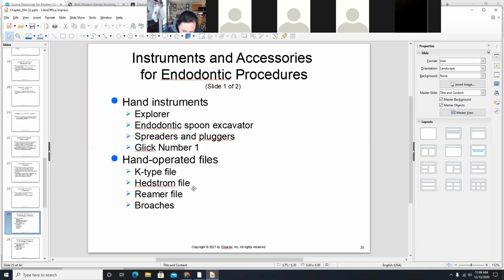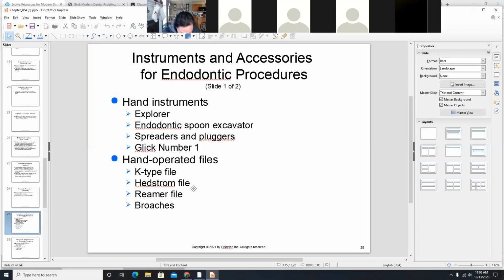Okay, and if you look above these files, there's a picture enlarged of what the tip of the file looks like. All right, so the K files are thicker. The Hedstrom files are very thin at the end. The Reamer files are a little bit pointier.